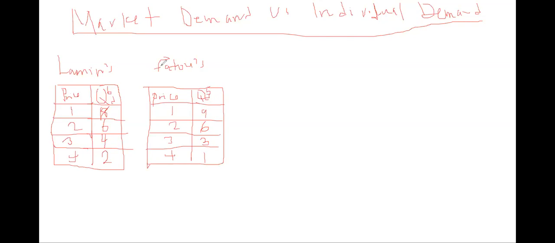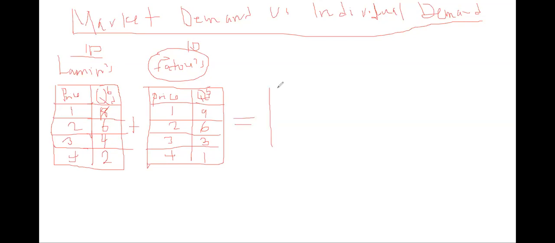So these are individual. What you are seeing here, they are individual demand curves. We call this individual demand. And Lamin's demand curve is also individual. It's only when you add these two that it will give you the market demand curve.